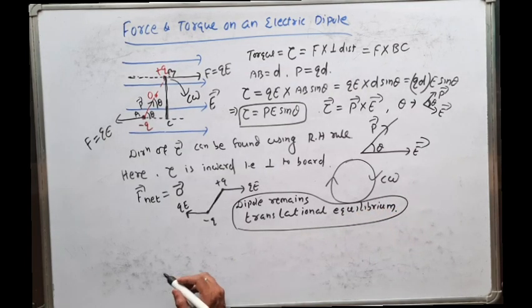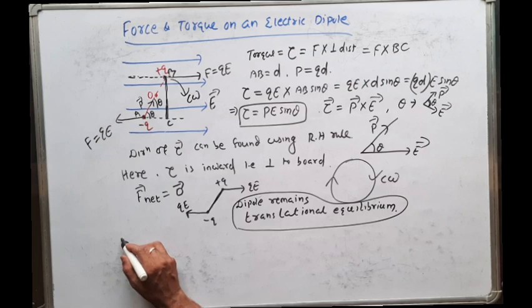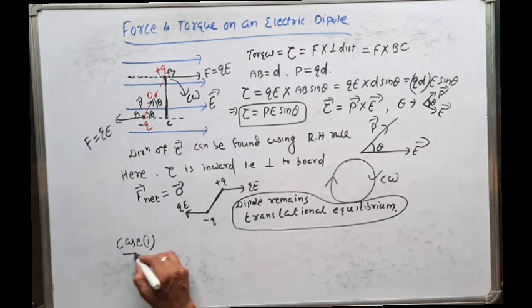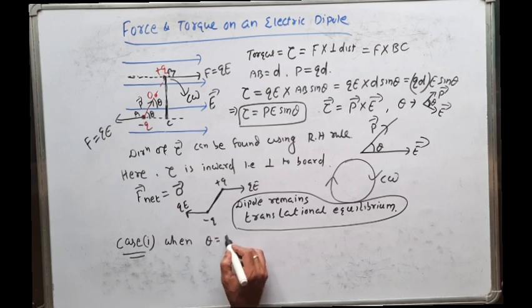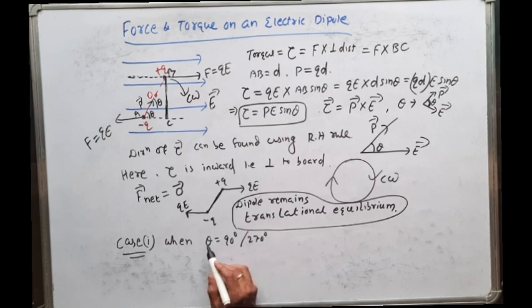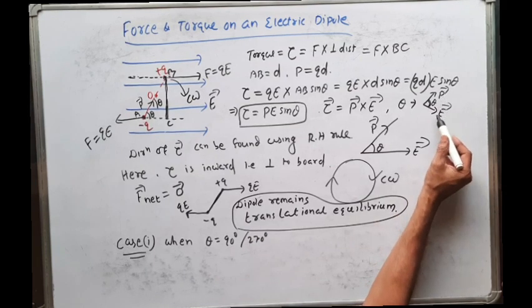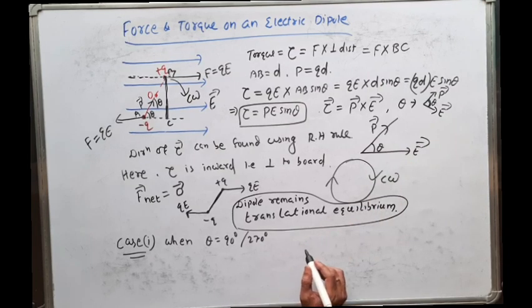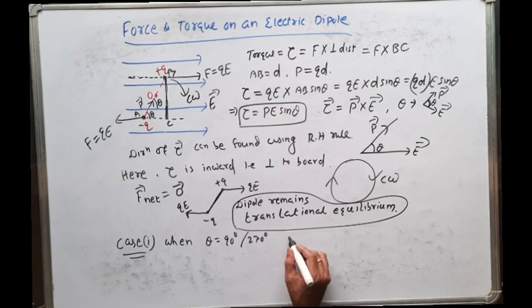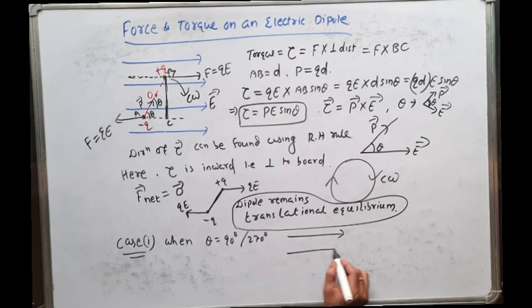So next we will discuss case 1. Different case. Case 1. Suppose theta is equal to 90 degree or 270 degree. Theta is the angle between what? Dipole moment and electric field vector. So if theta is equal to 90 degree or 270 degree, what do you mean by that? Suppose this is an electric field.